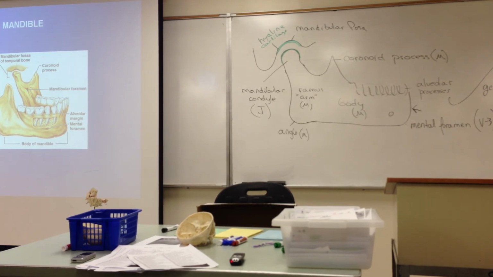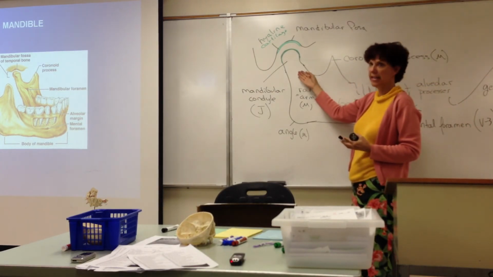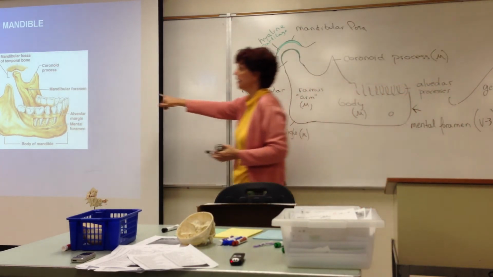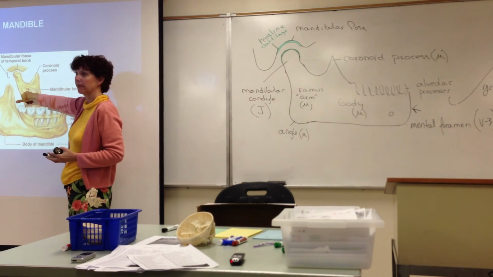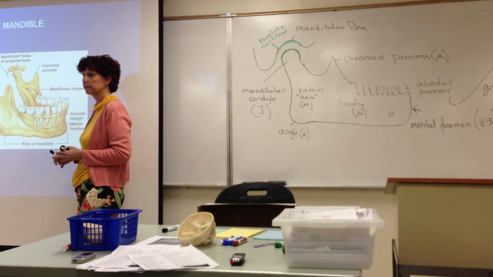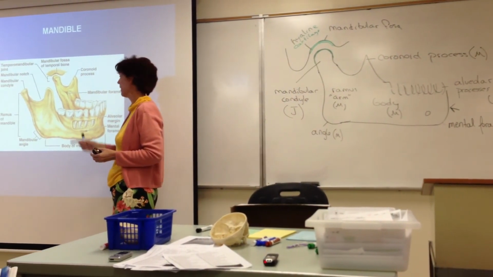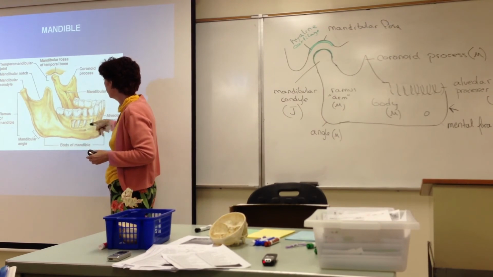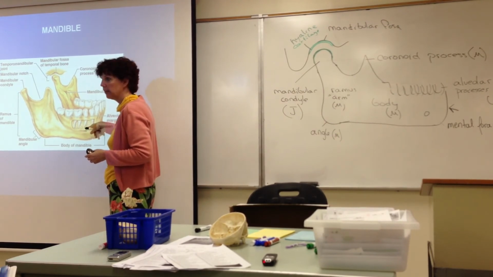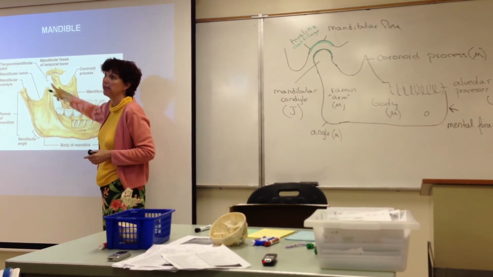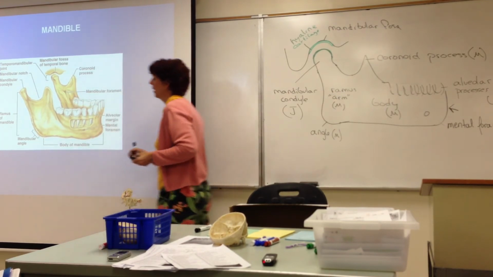So if you look on the inside of your ramus, on this surface right here, you can see this opening here. Is that not part of the tray? It is. So the nerve that's going to go in here is going to join with these nerve roots, the nerve from there, and then come out. Okay.